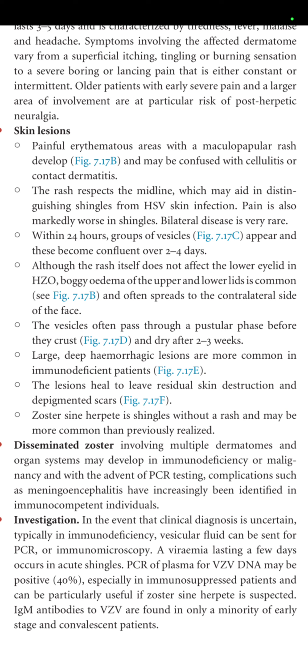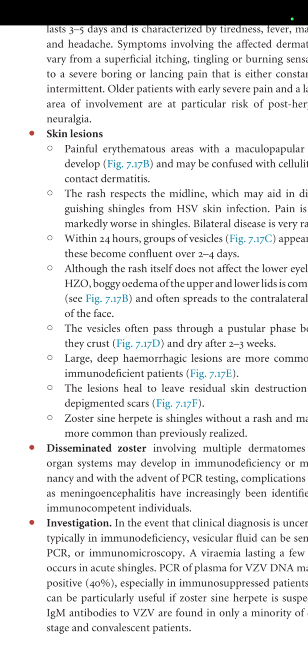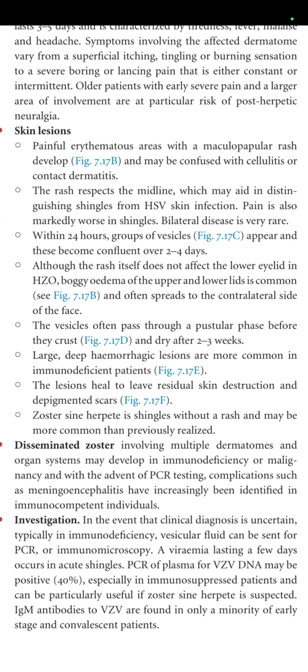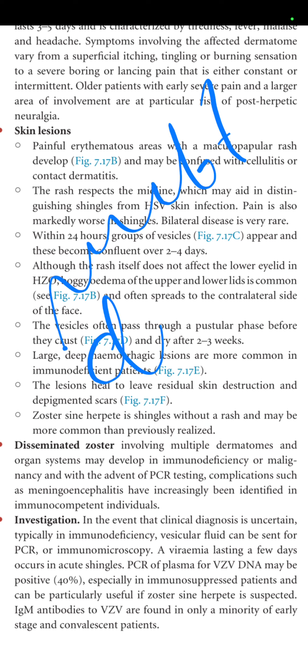Disseminated zoster involving multiple dermatomes and organ systems may develop in immunodeficiency or malignancy, and with the advent of PCR testing, complications such as meningoencephalitis have increasingly been identified in immunocompetent individuals. So when there is involvement of multiple dermatomes, it means the infection is disseminated.